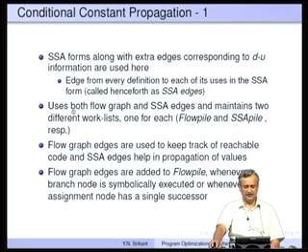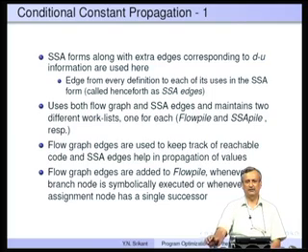So, actually we use both SSA edges and flow graph edges, and we are going to use two different work lists or queues, one for each. The flow pile is a queue corresponding to flow graph edges, and SSA pile is a queue corresponding to SSA edges.